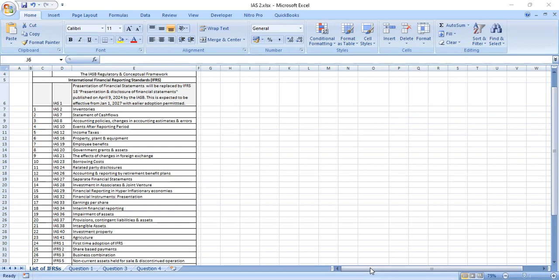Now, in addition to recognizing inventory at cost, we also have associated costs. These associated costs are expected to be capitalized as part of the cost of inventory. All right. So the first thing is the initial cost of the inventory. We recognize inventory at cost, and then all associated costs should be capitalized as part of the cost of inventory.